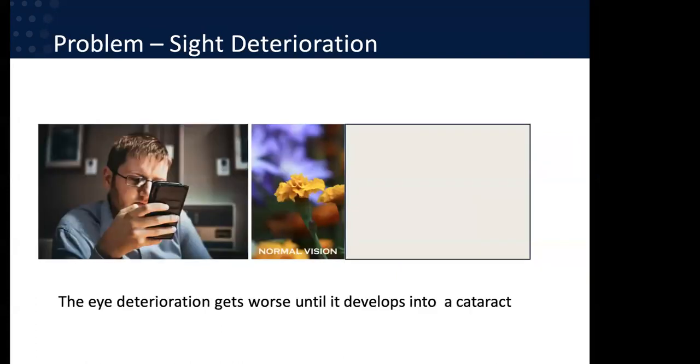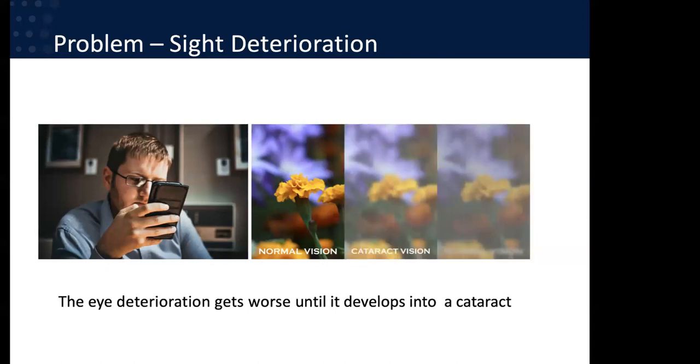So when you have a cataract, if you look at this image here, the flower, which is a good example of normal vision. It's got a lot of contrast. The colors are really beautiful. They stand out really well. You can see 3D depth within that image. As you go through your cataract journey, that same image starts to become very difficult to see.